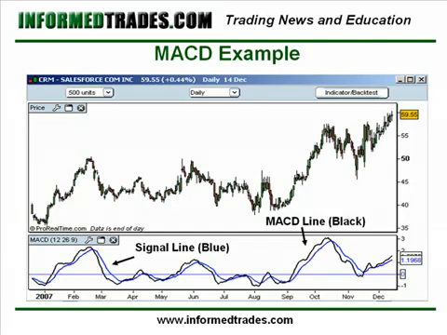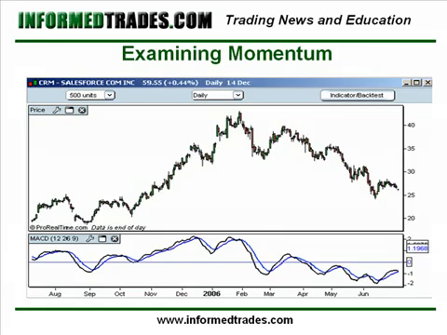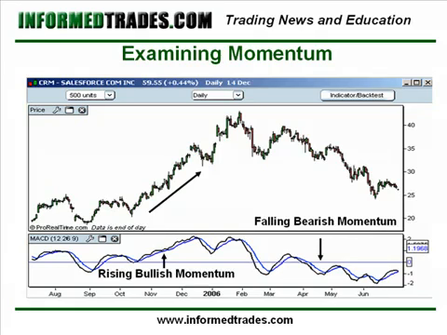And when it's below 0 and falling, they're going to look at this as a bearish sign for the market, as this indicates that the negative gap between the two moving averages is widening. You can see here the MACD line is above 0 and rising, and that is bullish, and here it is below 0 and falling, and that is bearish. So it did play out there for us.